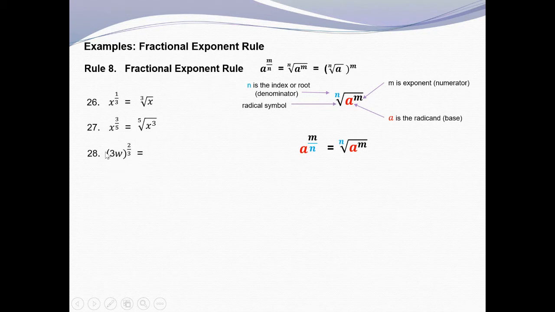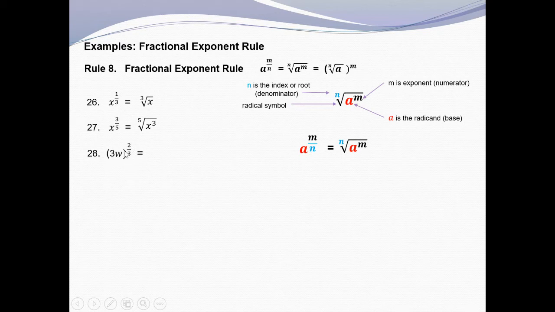If you notice here, the whole 3w is raised to the 2/3 power. That's where a lot of students make a mistake. If it was 3w to the 2/3 power without the parentheses, only the w would be to the 2/3 power, not the 3. But in this case, this whole expression, 3w, is raised to the 2/3 power.